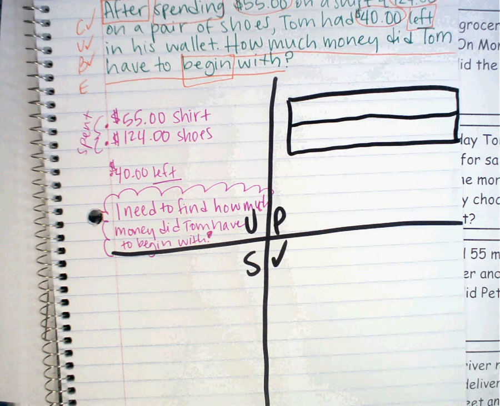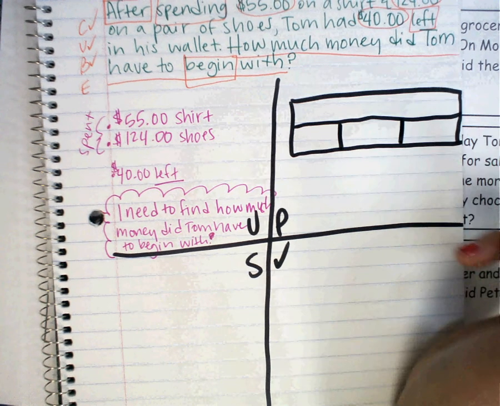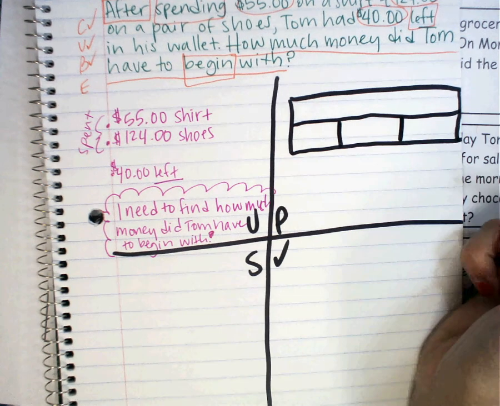So my whole, do I know what my whole is? No, I don't, because my whole would be how much money he had to start with, right? That would be the whole amount of money that he had to spend on clothes that day, and we don't know that yet. We do know that he spent $55 on a shirt, $124 on shoes, and then he had $40 left. So those are my parts, guys, because those are each a part of his money, right?